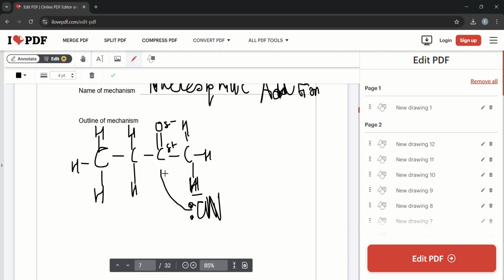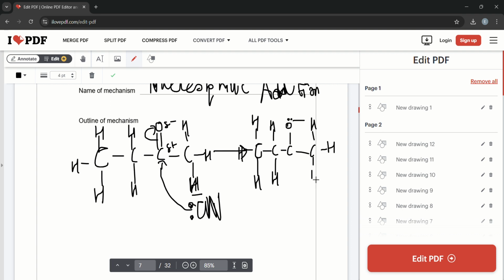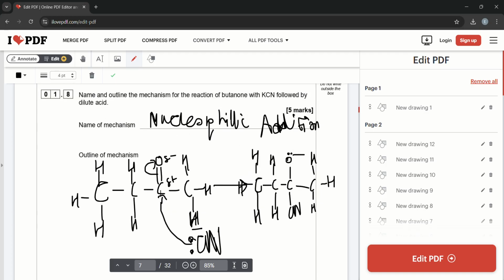The lone pair of electrons is going to attack the partially positive carbon, transfer the electrons to the oxygen, and now we're going to be left with the carbon, an oxygen with a lone pair of electrons that is negative, CH3 and a CN group. And now what's going to happen? Well, that's too easy. That's just nucleophilic substitution, right?